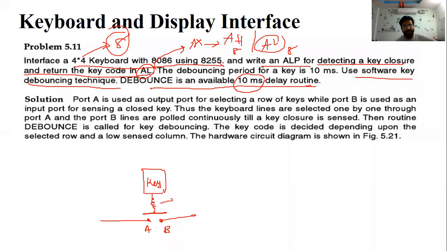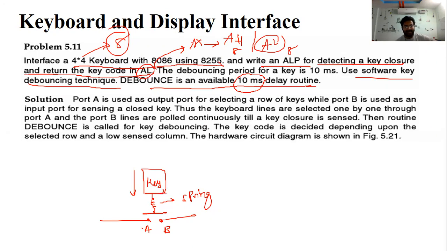This is the key, this is the spring. Whenever you press the key, it touches the A and B contacts. Then that key is recognized first by the 8255, and then by the 8086 microprocessor.